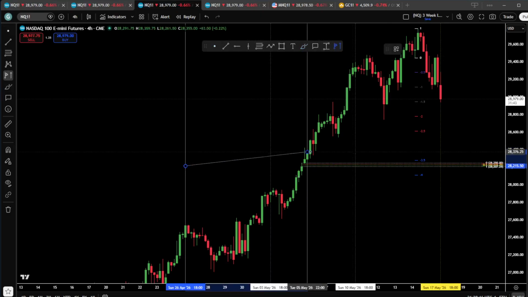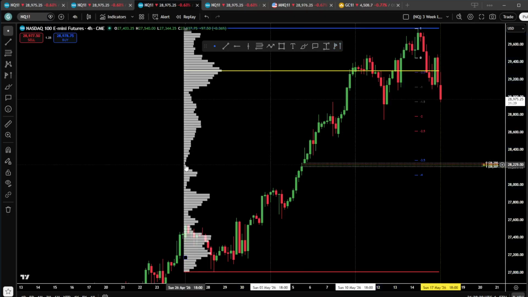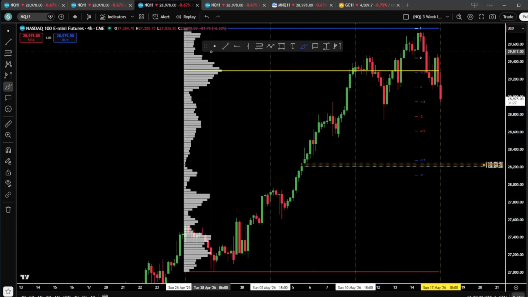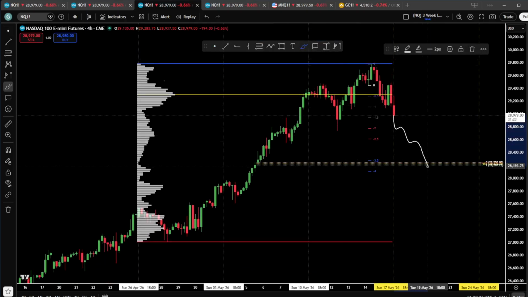If you look at the profile of this curve, you can see this is where price spent the least amount of time in the range. So I think it's pretty likely that it's going to want to come back into these levels, which aligns with the levels of the weekly fair value gap. So if you're bullish from there, you can start looking for reversals higher if the profile of the week aligns with the narrative.